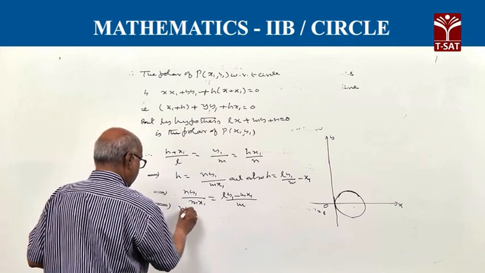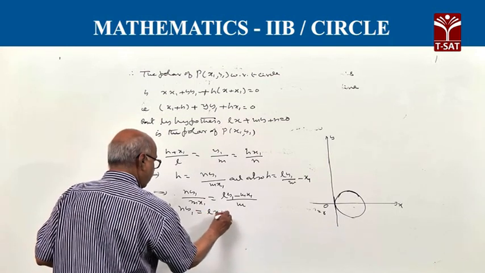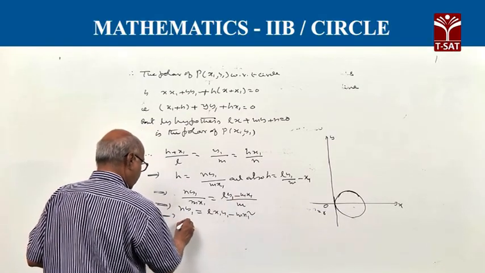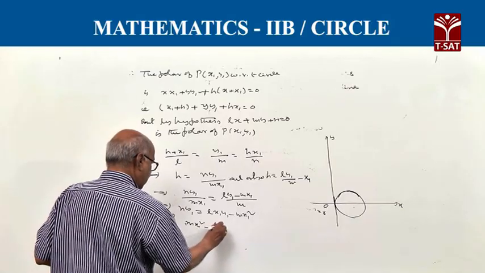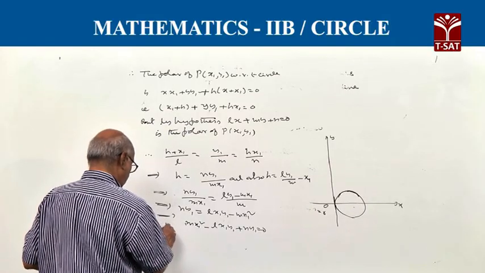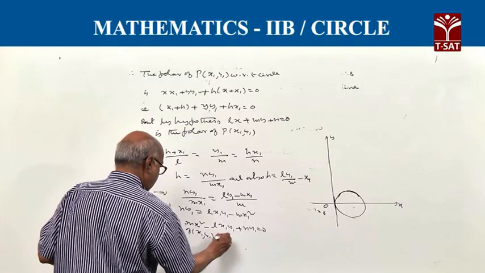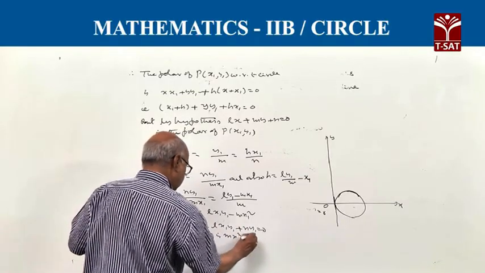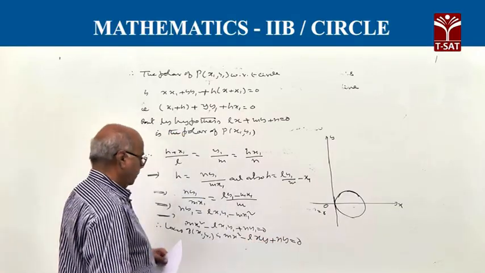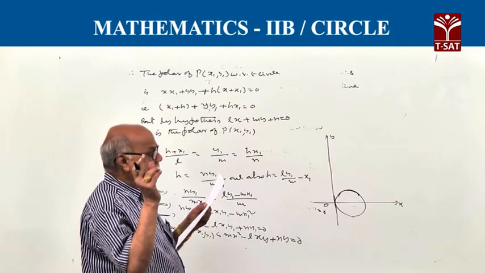Therefore ny1 is equal to Lx1 y1 minus mx1 square, or that is mx1 square minus Lx1 y1 plus ny1 is equal to 0. So therefore the locus of (x1, y1) is mx square minus Lxy plus ny is equal to 0. So the correct option is option number 1.